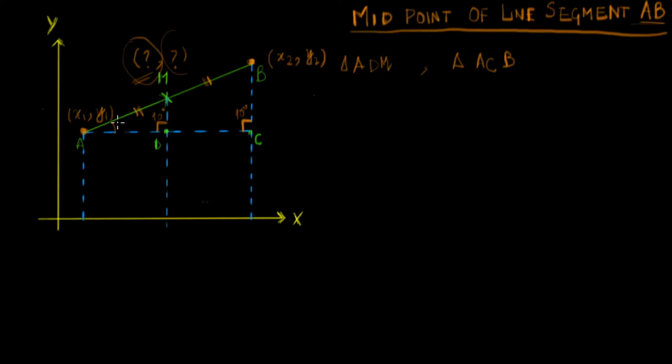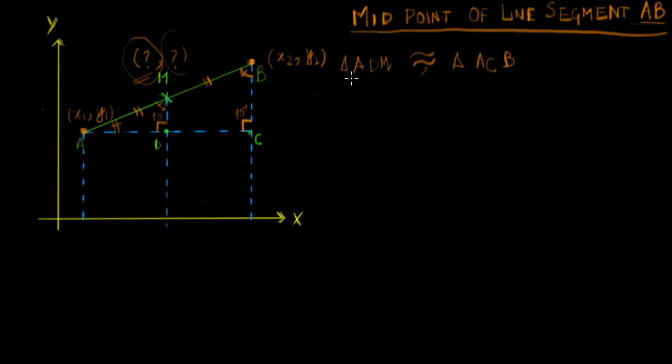Notice that both the triangles, this small one and this big one, share the angle A. What they also share are 90 degrees, which are adjacent to A. And that leaves us with the last angles between both of them to be the same, since the other two are same as well. And by that property, we can say that triangle ADM is similar to triangle ACB.